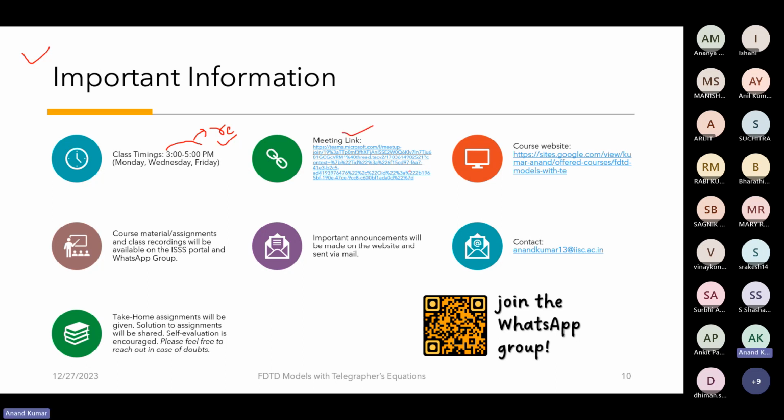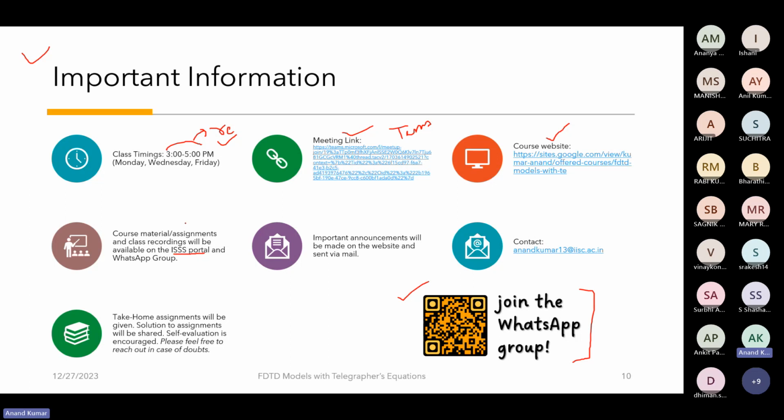The meeting link is over here, so we'll use the same meeting link. I hope everybody is added to the Teams group. Please let me know in the WhatsApp group. I hope everybody is in the WhatsApp group as well, because most information at the last moment will be shared there. Here's the QR code for the group. There's a course website as well, and I'll update it in a timely manner. The ISSS portal has not been shared with me yet.